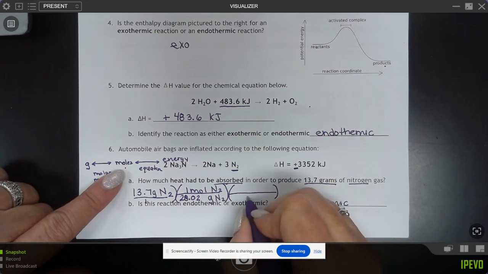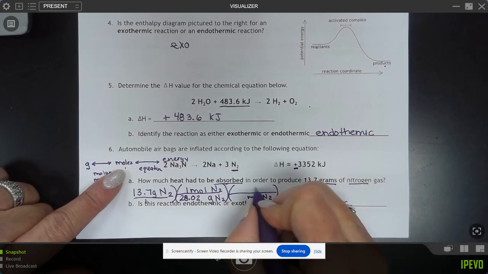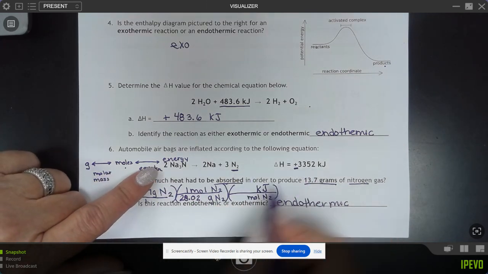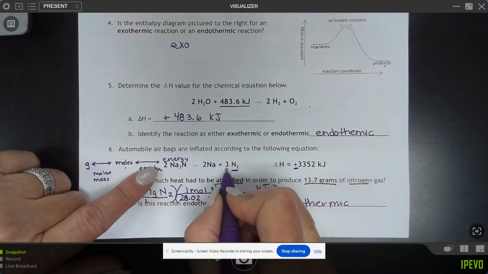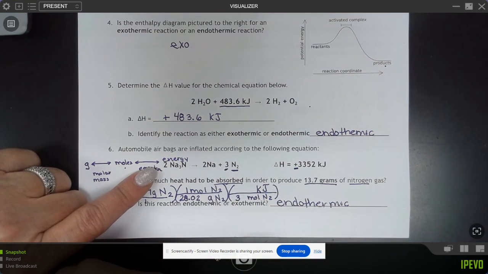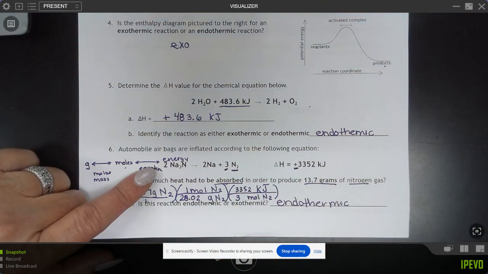All right, and then our final step is to go from moles to energy. On the bottom, we want moles of N2, and on the top, we want our units of energy, so kilojoules. This is where you have to look at the balanced chemical equation. The moles of N2 is 3 because the coefficient for N2 in that reaction is 3, and the energy is going to be 3352 kilojoules.